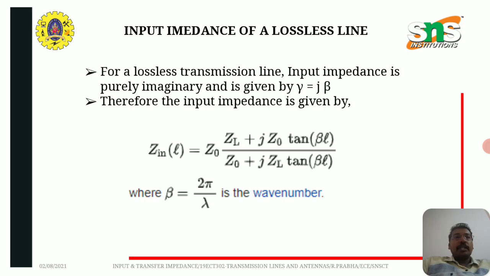Therefore, the input impedance is given by Zin of L equal to Z0 into ZL plus j Z0 tan beta L, divided by Z0 plus j ZL tan beta L.